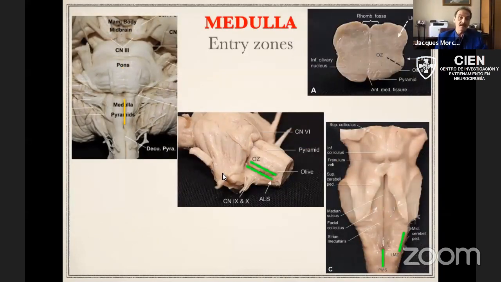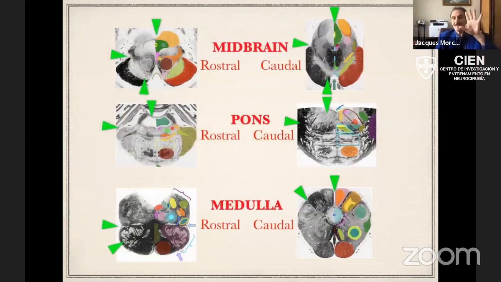How about the medulla? Again, I would not do this incision here. It is in orange for that reason, between the medullary pyramids, but I would go through the olive, either in front or behind the olive, or posterolaterally, or midline myelotomy. So those would be, in my mind, the most useful ways in principle.